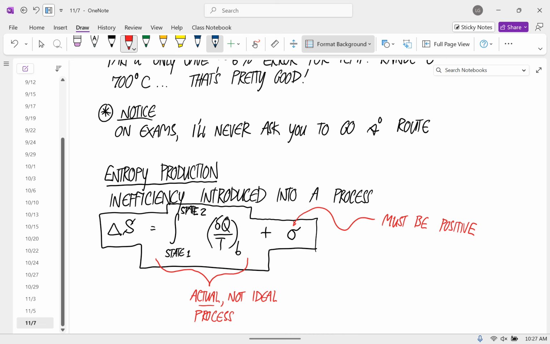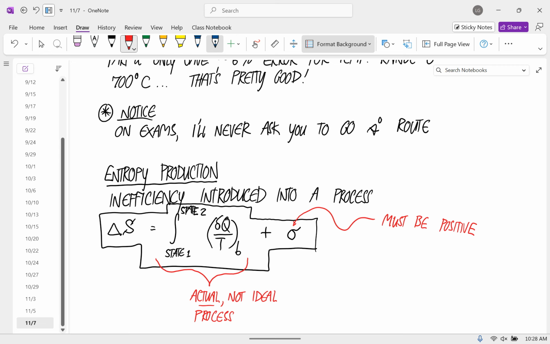If you think back to the Clausius inequality, you know that for a cycle, if you do this integration for an actual process, you get something that's less than zero. That's what the Clausius inequality says.